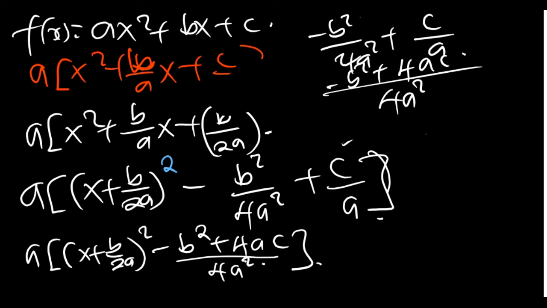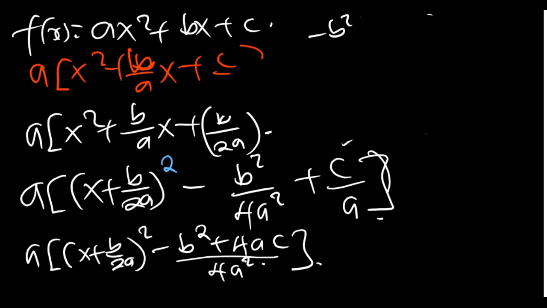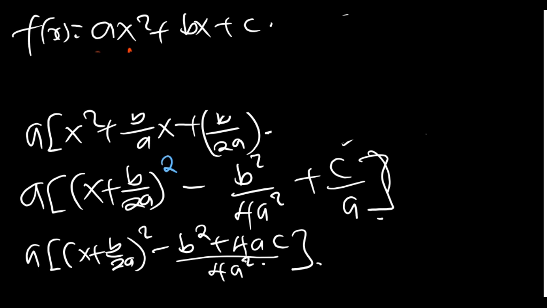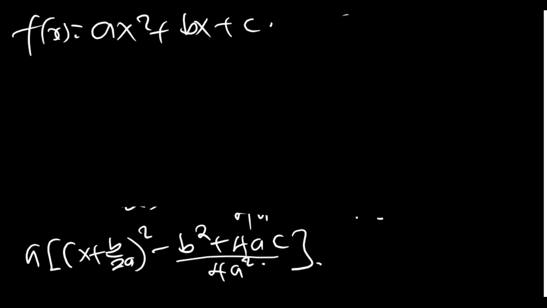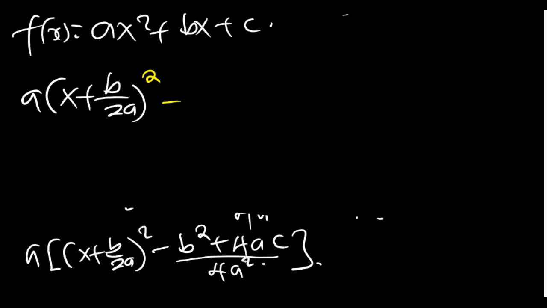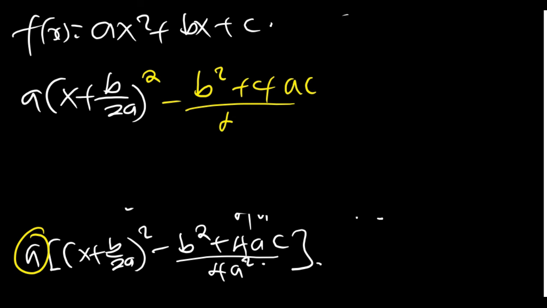So now I'm going to distribute the a. Let me first get rid of this. What we're going to have here is a, x plus b over 2a, squared, minus. This is going to be cancelled with one a down there, so we are going to remain with negative b squared plus 4ac over 4a.